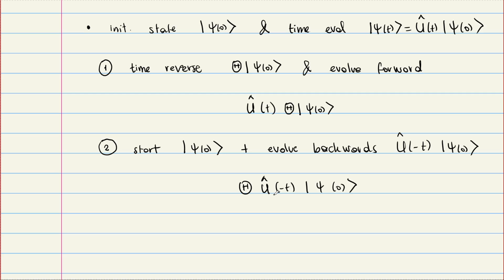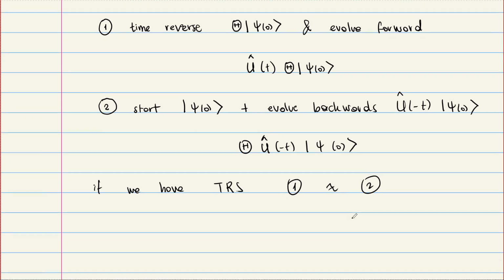And what we are trying to do is define the presence of time reversal symmetry. If we have time reversal symmetry, 1 should be identical with 2. If they are indistinguishable, I call it a time reversal symmetric system. Good. And from there, I use what we found last time, U of t is equal to 1 minus i over h bar H t for small t. I'm just considering only small t.